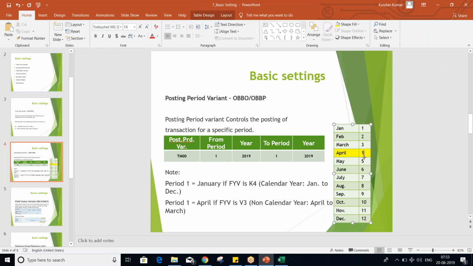April is going to be treated as the first period, May second, June third, and July is the fourth period, likewise fifth, and so on and so forth.